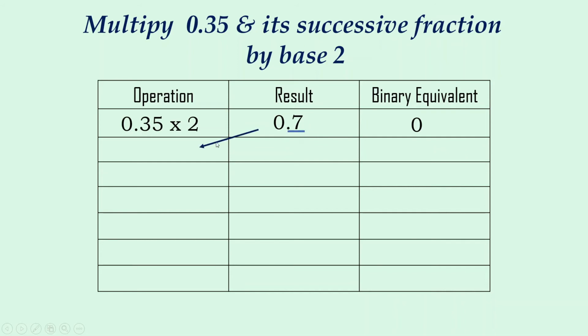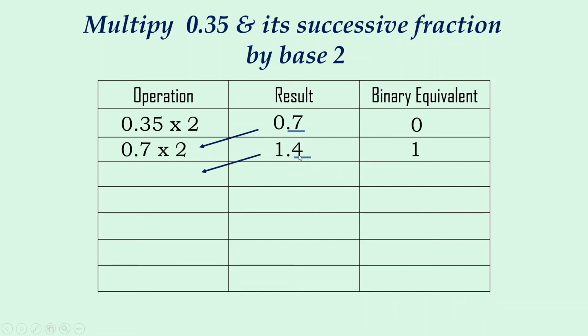Now we will write 0.7 into 2. We have to take only the 7 and multiply 0.7 by 2. So we will get the result 1.4. For the binary equivalent, we will consider only this left hand side part. So the binary equivalent will be 1.